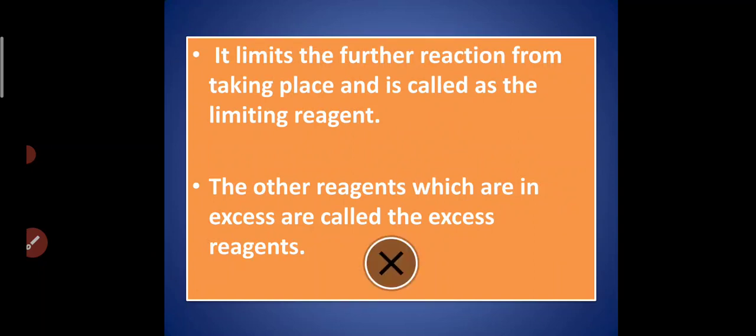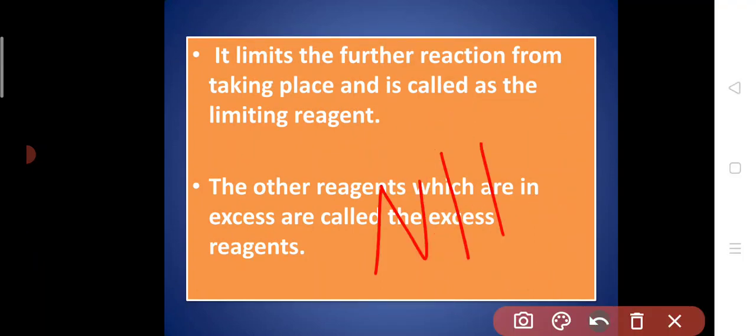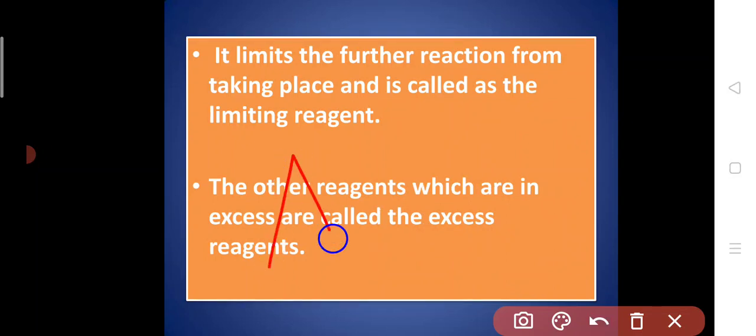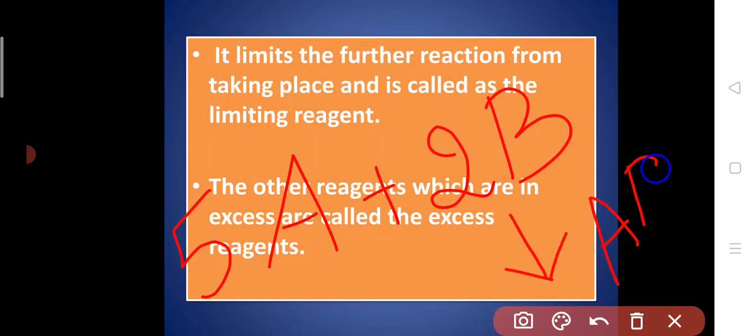So I will say it to you again. I'm having A and B as reactants. A I'm having 5 times, B I'm having only 2 times. The product I'm going to get is AB.